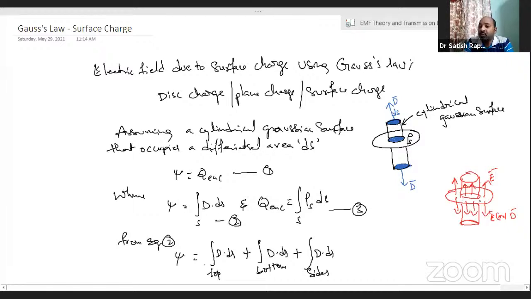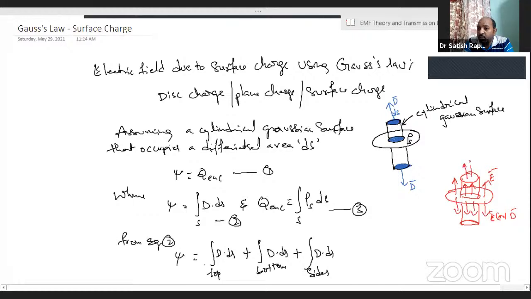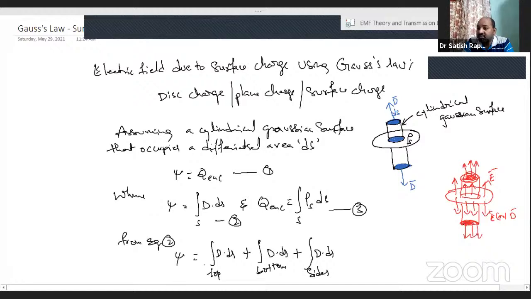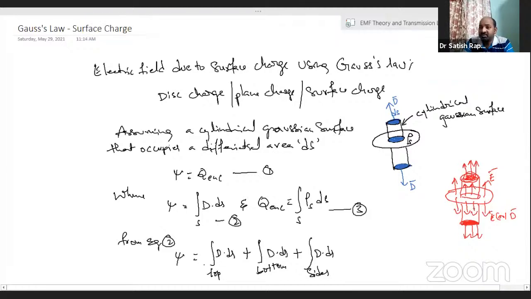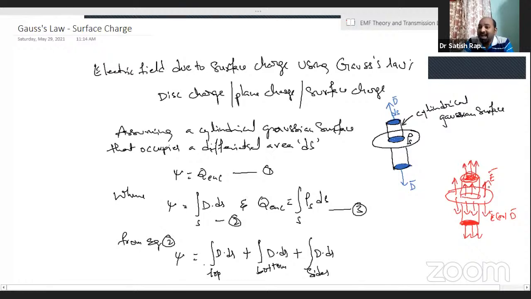Therefore, in this case, the electric field is normal to the top surface, and similarly normal to the bottom surface, whereas the electric field is parallel to the sides.